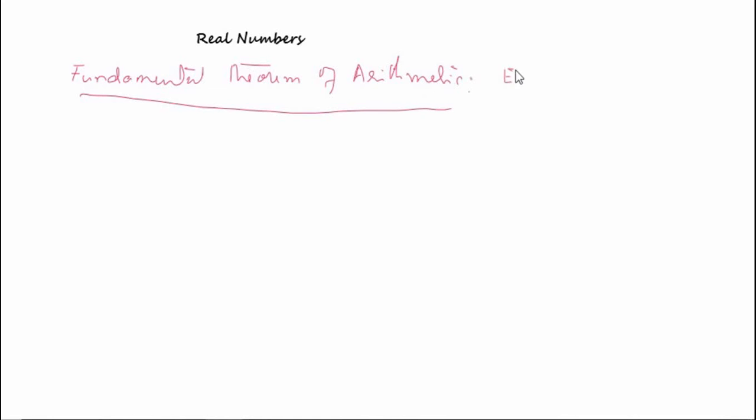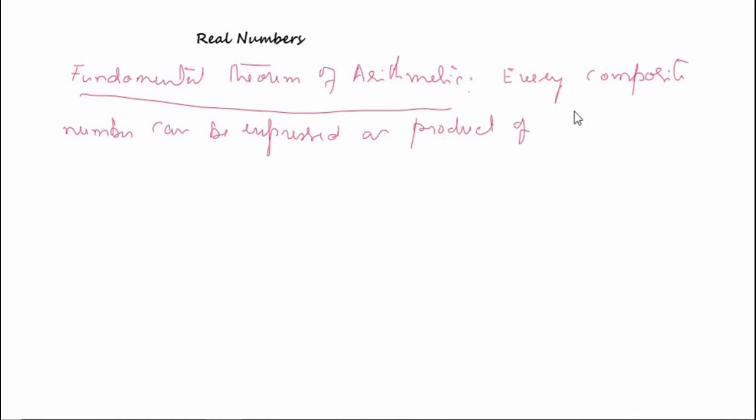It says that every composite number can be expressed as a product of prime numbers, and this factorization is unique.